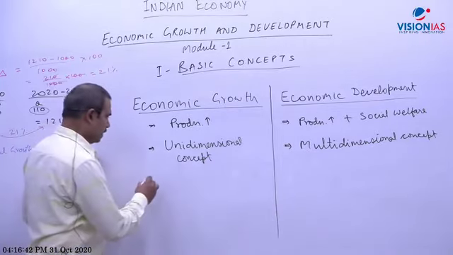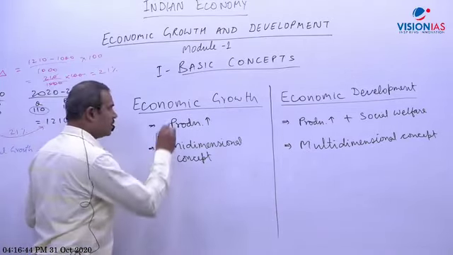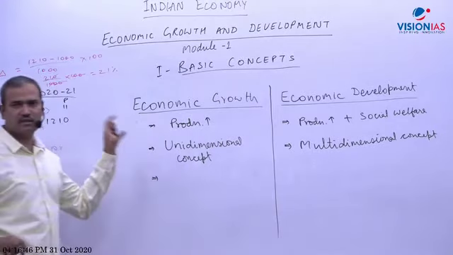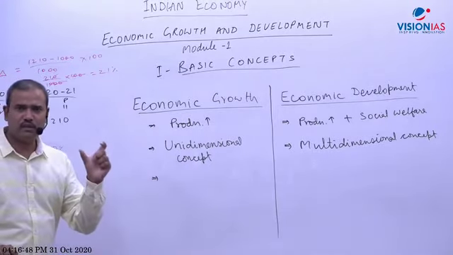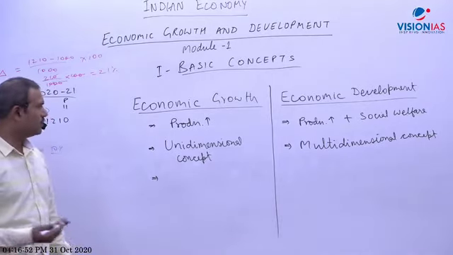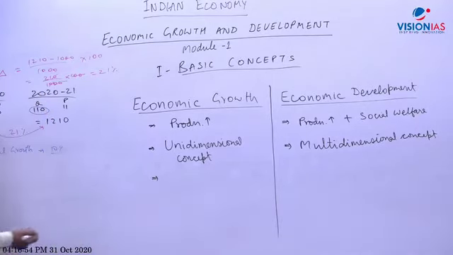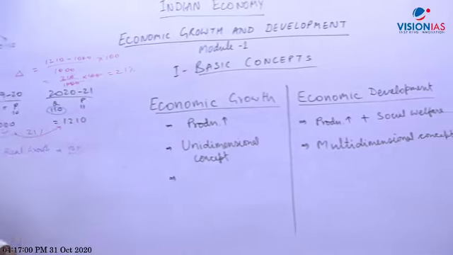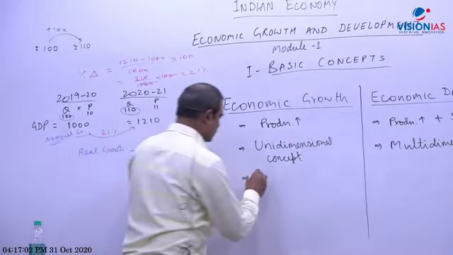Okay, now can we quantify economic growth? Can we measure this? Possible? Can we measure in numbers, that growth is this much percentage? Obviously we measure by GDP. We have quantified it. Actual growth is 10%. Last year 100 goods, now 110 goods this year. So growth is 10%. So it is a quantitative concept.